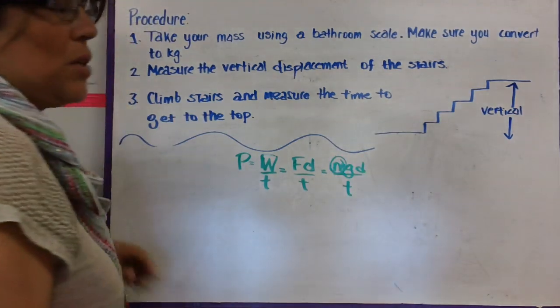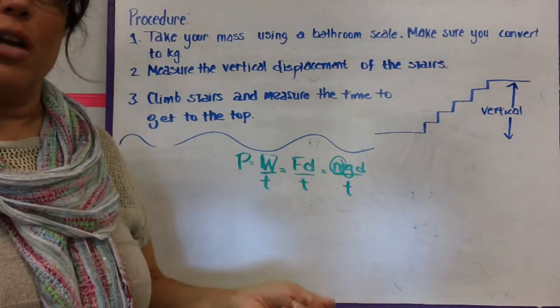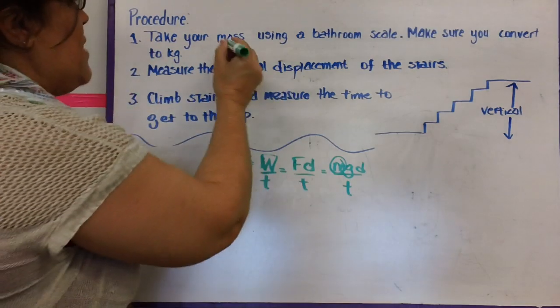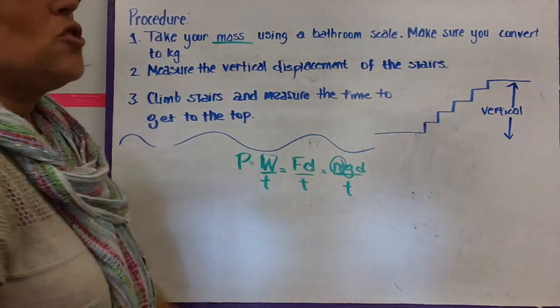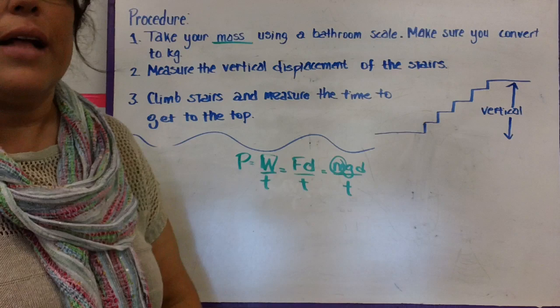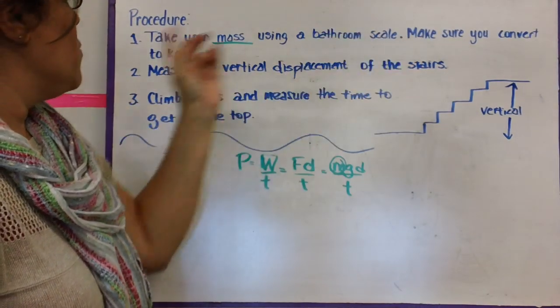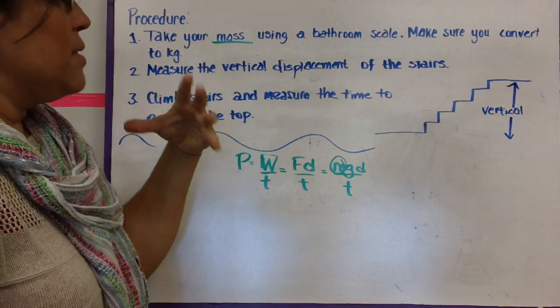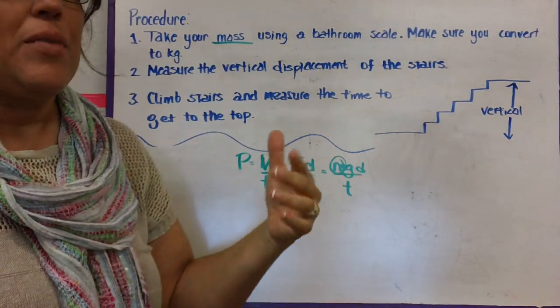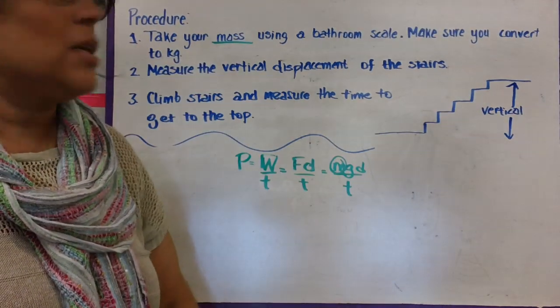So we need to start by finding our mass. We're going to take our mass using a bathroom scale. I'm going to have a scale set up around the classroom, and we're going to be taking our own mass. And then we have to make sure that we convert it to kilograms, because if the mass is in pounds, we need to convert it to kilograms.